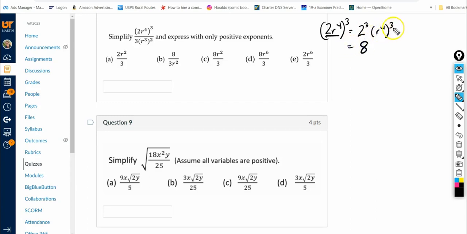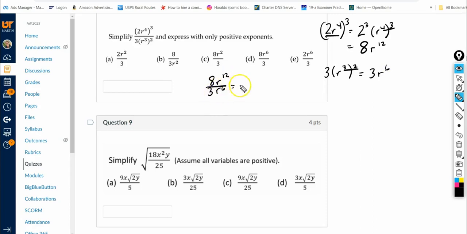And now the rule here is we have r to the 4th all cubed. You're going to multiply, and 4 times 3 is 12. So that's my numerator. And then my denominator, well, I have the 3 outside the front, and then the rule here is you multiply, and 3 times 2 is 6.